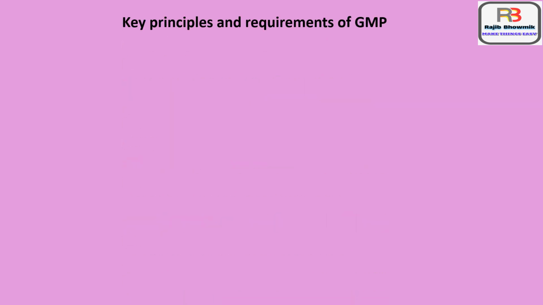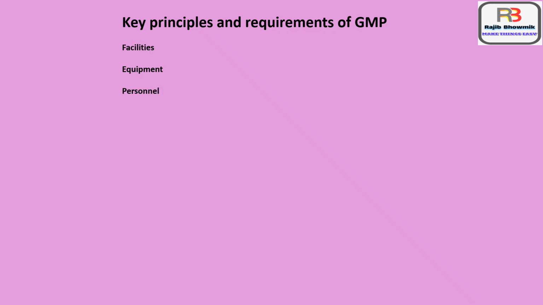Viewers, now I'll explain you key principles and requirements of GMP. Let us see one by one. Facilities. Premises must be designed for clean and orderly operation and kept in good condition. Equipment. All equipment must be appropriately designed, maintained and calibrated.